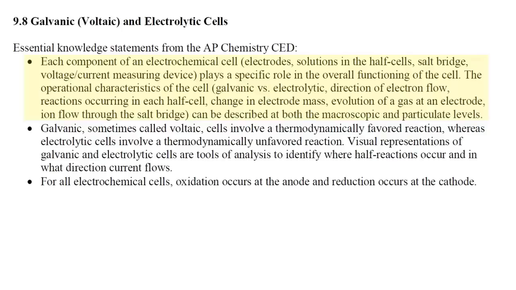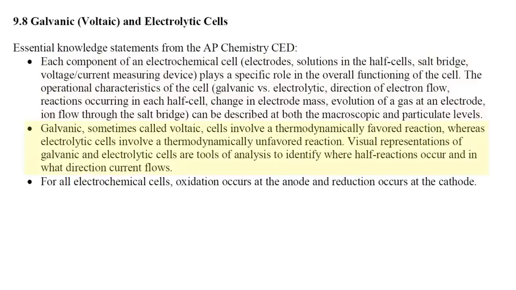The operational characteristics of the cell, galvanic versus electrolytic, direction of electron flow, reactions occurring in each half cell, change in electrode mass, evolution of a gas at an electrode, ion flow through the salt bridge, can be described at both the macroscopic and particulate levels.